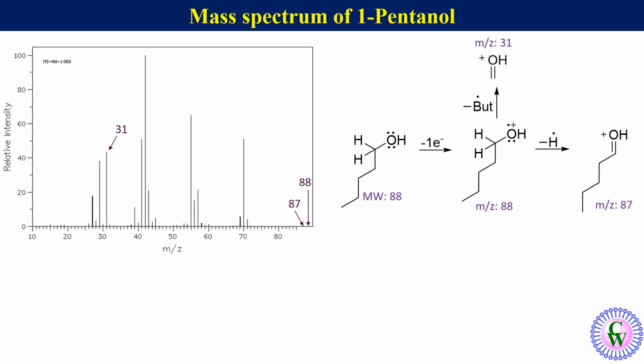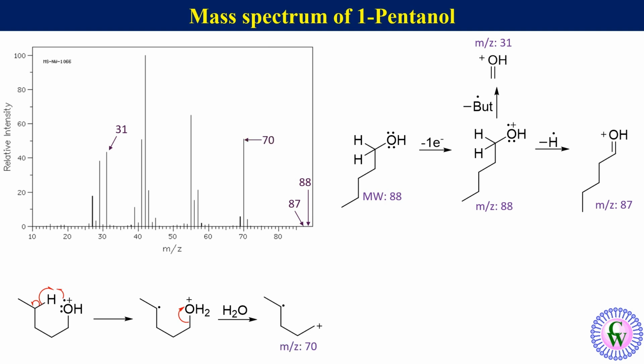Since 1-pentanol has delta hydrogen, there will be abstraction of delta hydrogen. Let's draw the molecular ion in a conformation required for the abstraction of delta hydrogen. Abstraction of this delta hydrogen like this gives another radical cation with M/Z value equal to the molecular cation. Dehydration gives radical cation with M/Z value 70, which corresponds to M-18 peak.